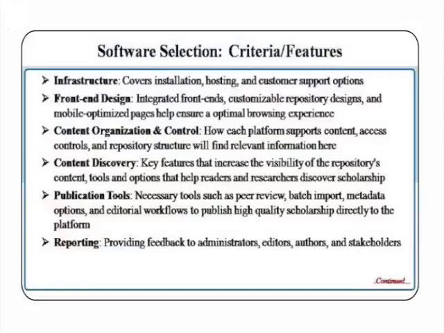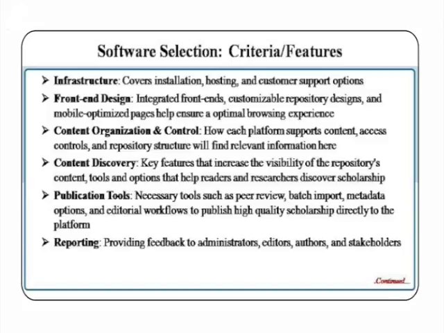So these are some of the things which can be considered as criteria: infrastructure, front-end design, content organization and control, content discovery, publication tools. These are the criteria at least we used while choosing Greenstone. Infrastructure covers installation, hosting and customer support.